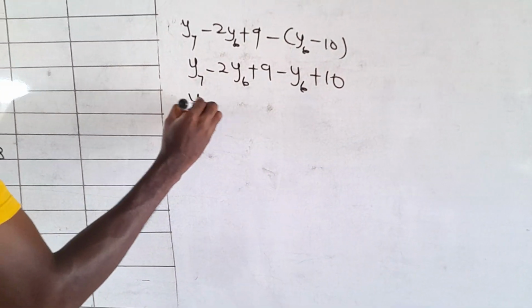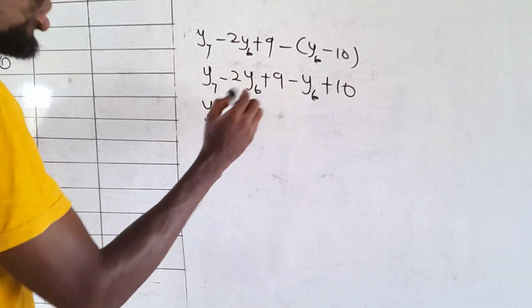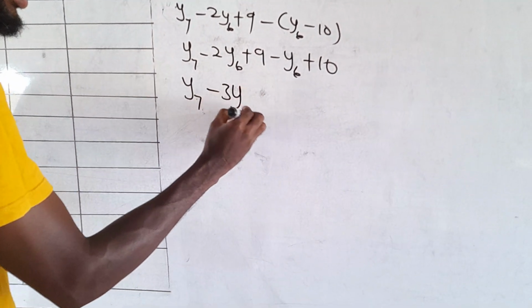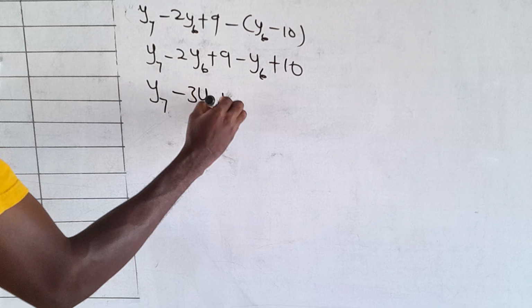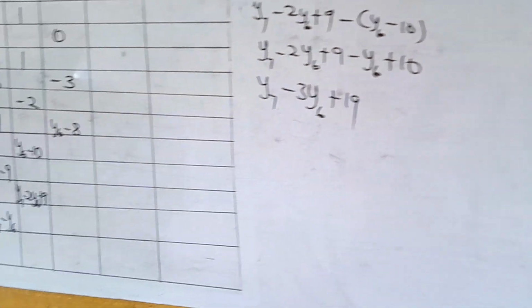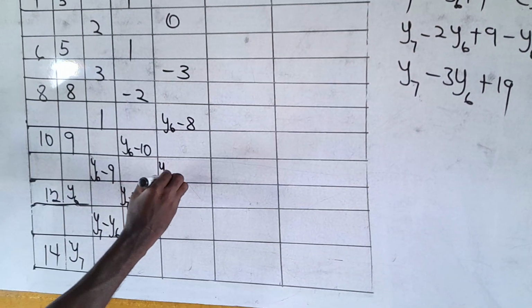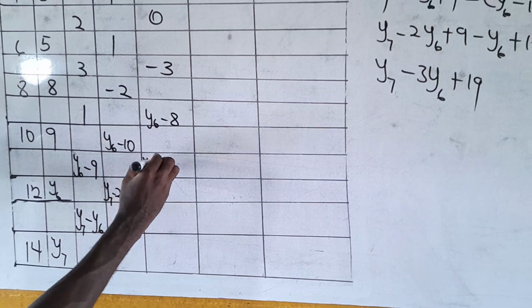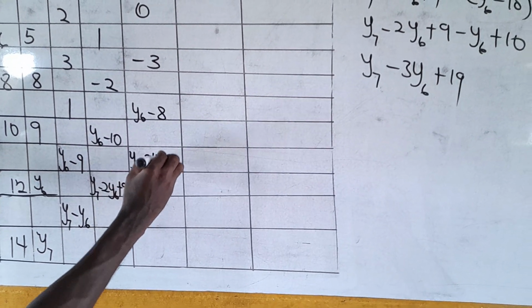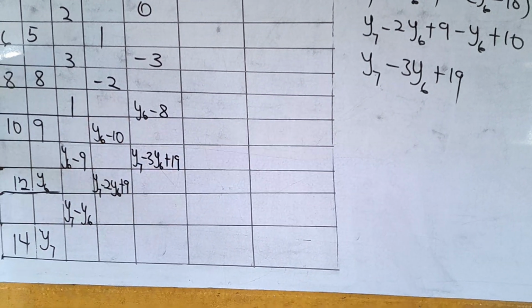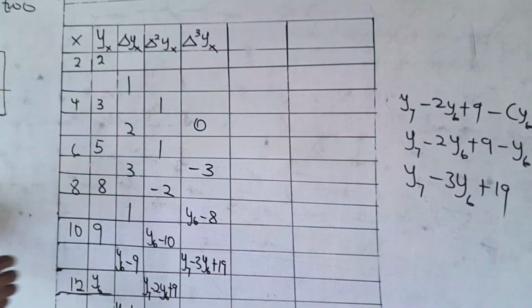So we get y7, 2y6 plus y6 will be 3y6, then 9 plus 10, that will be 19. So we have y7 minus 3y6, then plus 19.